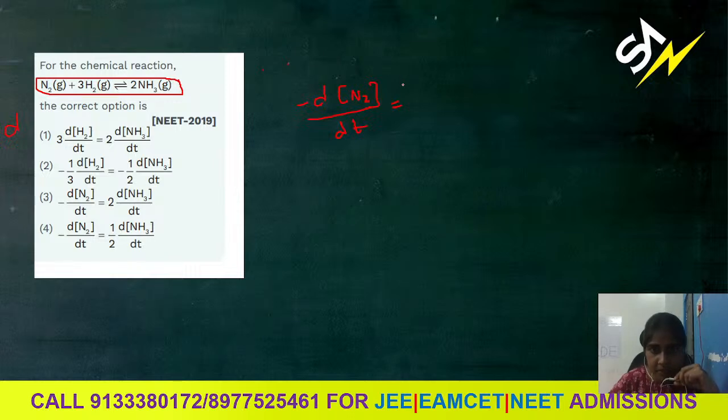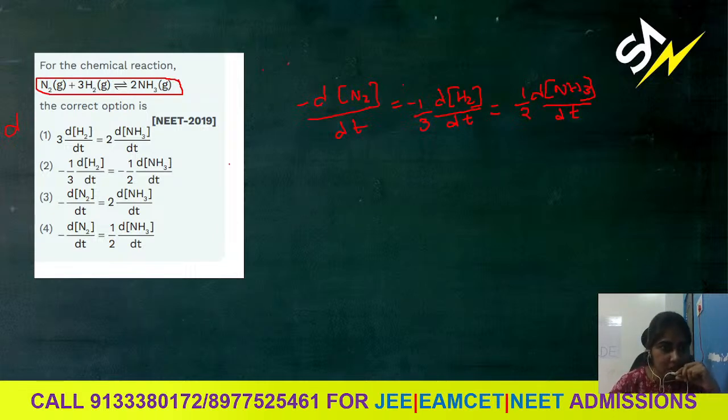So this becomes minus 1 by 3 d[H2]/dt, that is equal to the appearance of the products, that is showing a positive sign, 1 by 2 of d[NH3]/dt. So this is the rate equation. So which justifies the correct option here?